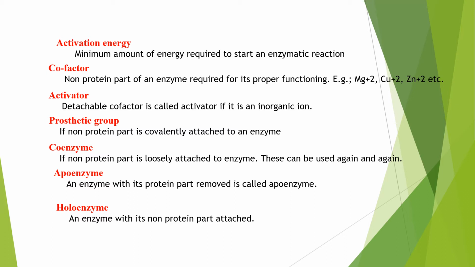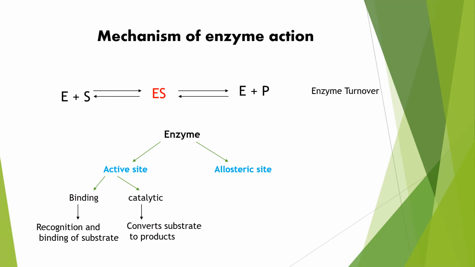Apoenzyme is an enzyme with its protein part removed, or we can say the non-protein part of enzyme is called as apoenzyme. And when protein and non-protein part both are present, then we will call this as a holoenzyme.